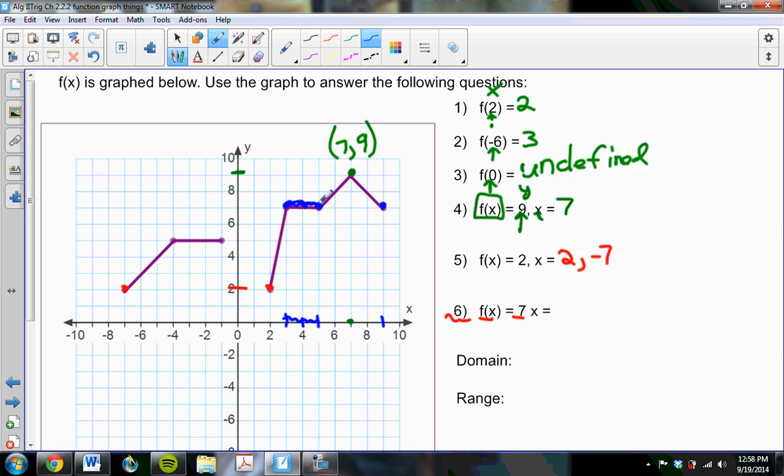So my x could be a lot of things. It could be 3 and 3.1 and 3.2 and 3.3 and 4 and 5. So we say x is actually between 3 and 5. That's what that means right there. That's saying x is between 3 and 5, and x is also 9. So it could also be this point right out here.